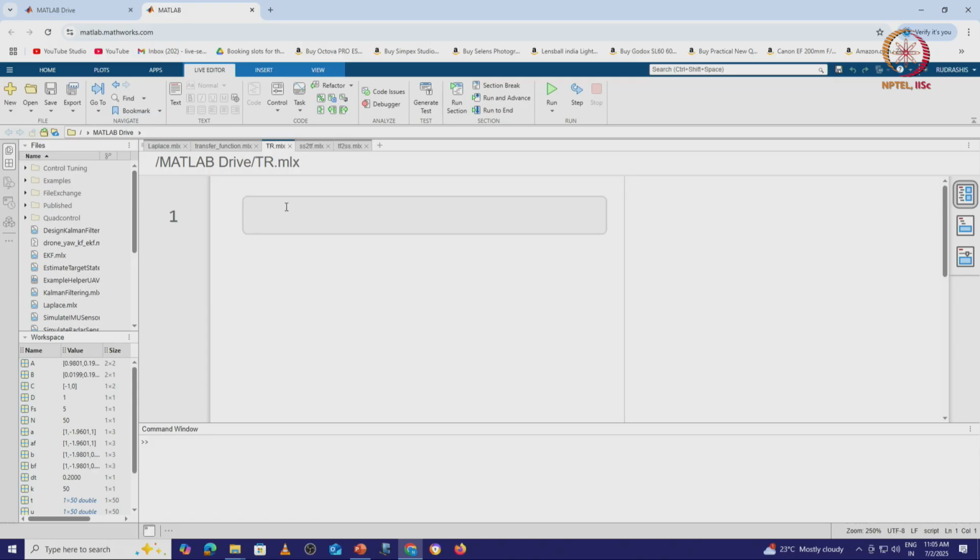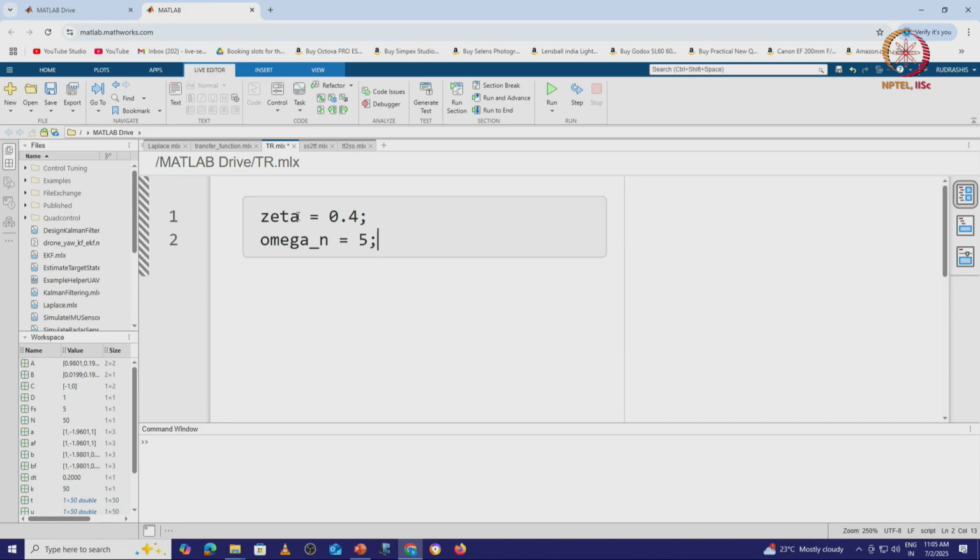Now, I will write for a system where we have zeta equal to, say, 0.4. We also need omega n, and we are keeping it as 5.